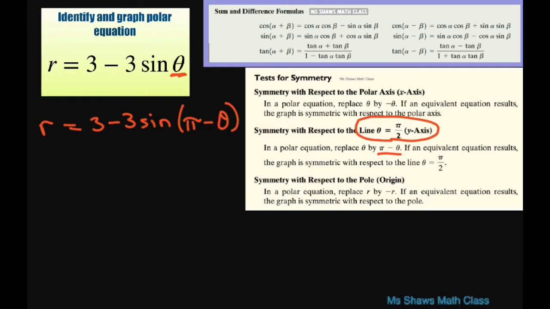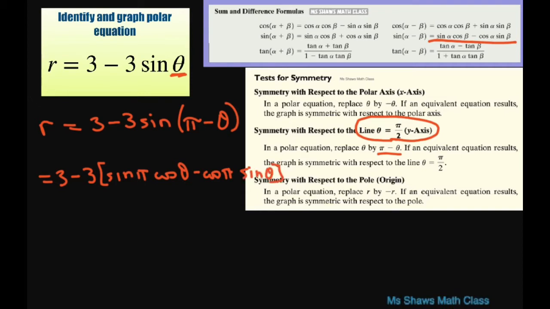Let's write this out as 3 minus 3 times sine of pi cosine of theta minus cosine of pi sine of theta.